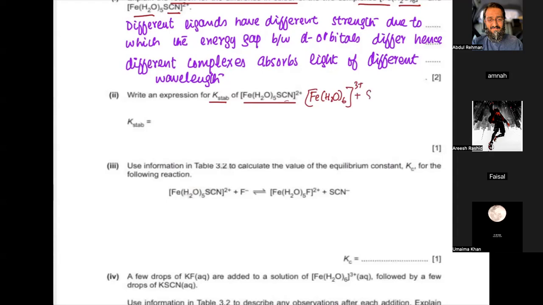And it is reacted with SCN negative, forming FeH2O5 SCN 2 positive, and then 1 H2O is released.